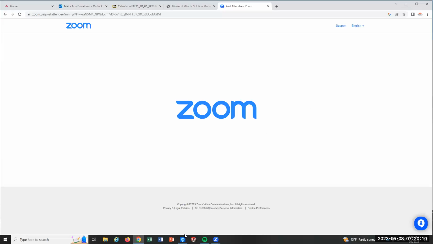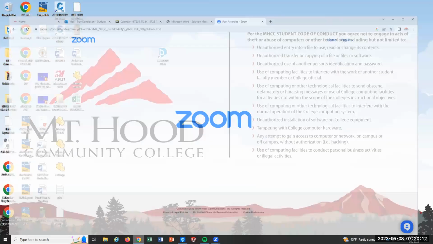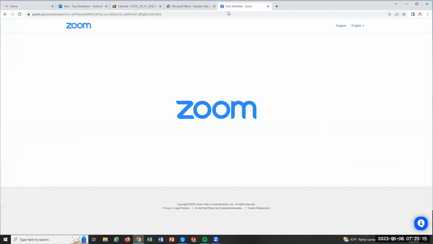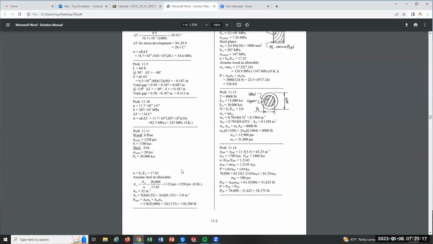All right, let's check the book's answer, because it's not wonderful that I don't get their answer. 11. So what do they put in? Oh, they have the area of steel of 5. How am I mucking that up? They have the area of steel as 5. Interesting.